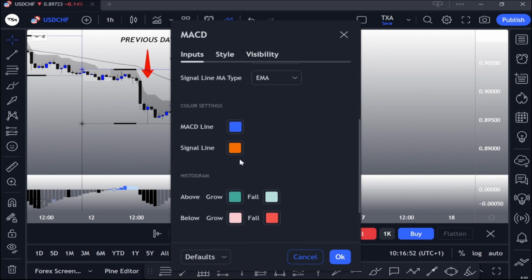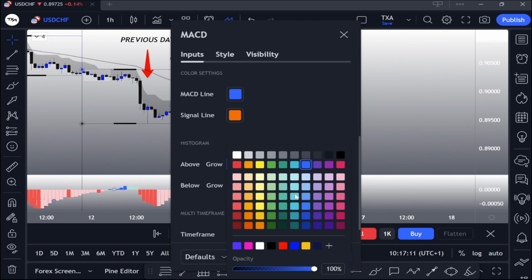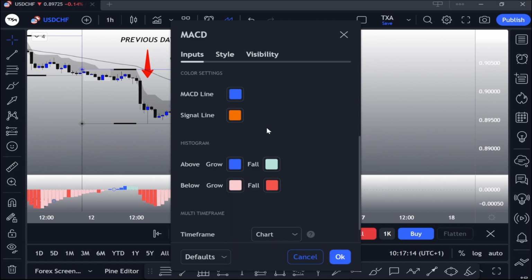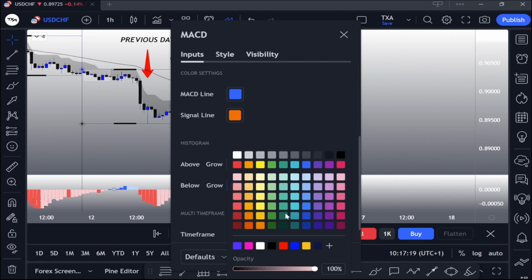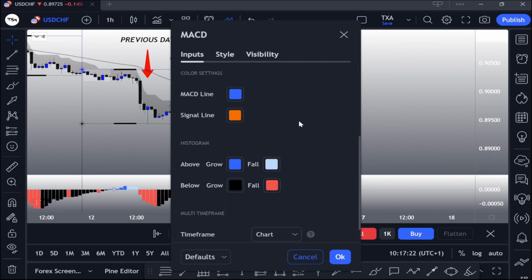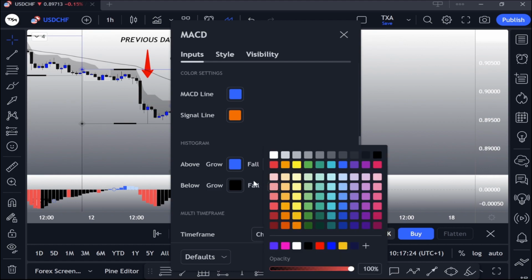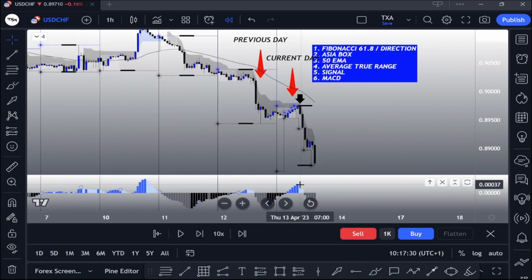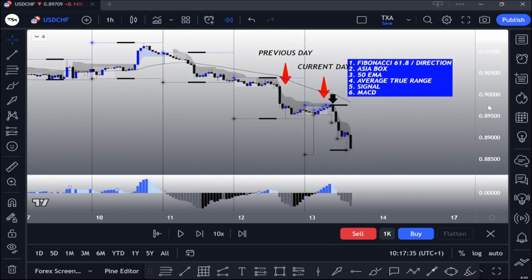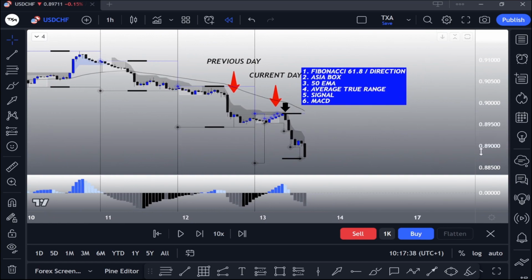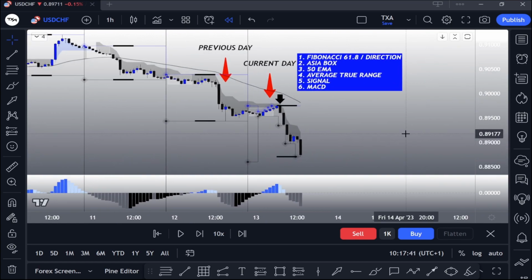In terms of colors, above grow is this blue, and above grow falling is light blue, and below grow is black, and below grow falling I put to gray. This is how it is on my chart, so everything matches, so that I don't have any conflicting colors on my chart.